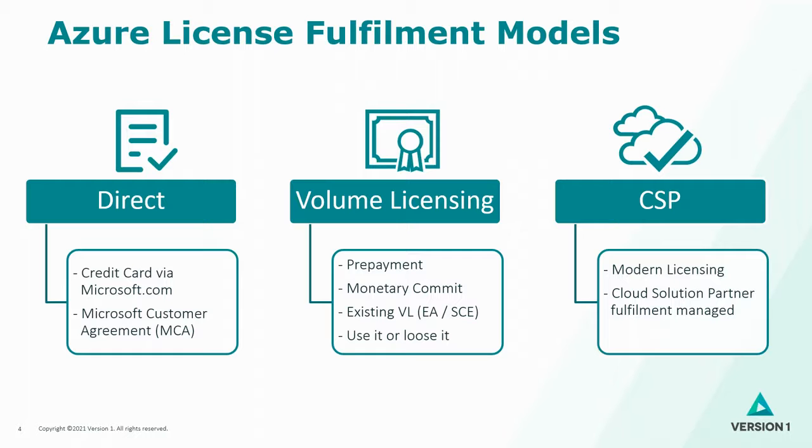There are different flavors in there: direct CSP and indirect CSP. You'll often hear customers or Microsoft partners talking about this. Direct is basically where the CSP partner will have a direct billing relationship with Microsoft and a direct support relationship with Microsoft, whereas with indirect, there's generally a distributor in the middle, a cloud distributor, that will have the billing relationship with Microsoft, and in turn the distributor will have that billing relationship with the partner and then to the customer.